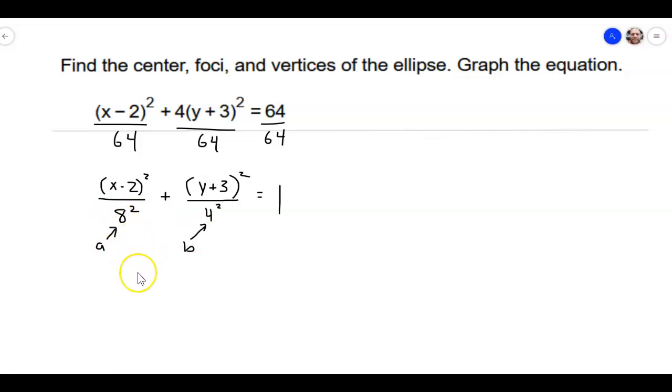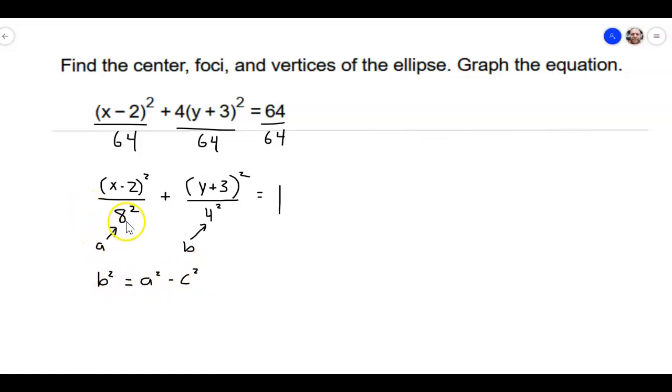All right. We're also going to need to know the foci of this, and that's going to be using the C points. So in order to find C, they give us an equation that says B squared is equal to A squared minus C squared.